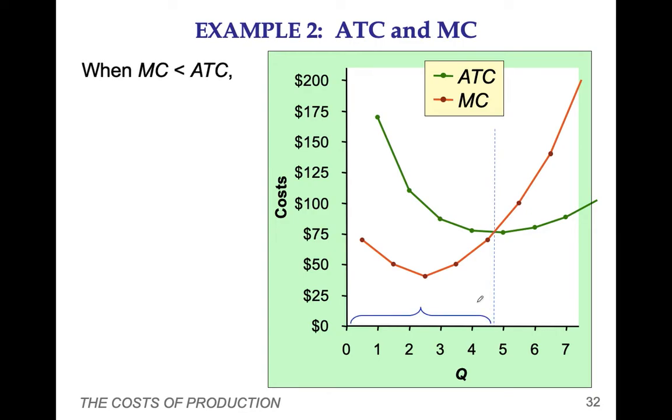So you see, when the marginal cost is lower than the average total cost, meaning the marginal cost curve is below the average total cost curve in this area, the average total cost is falling.